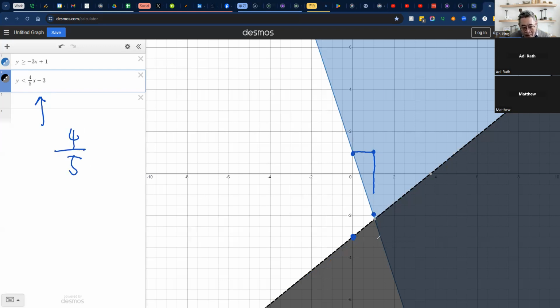So our run is 5: 1, 2, 3, 4, 5. Then we go up by 4: 1, 2, 3, 4. So it should be here when we graph it. Good.